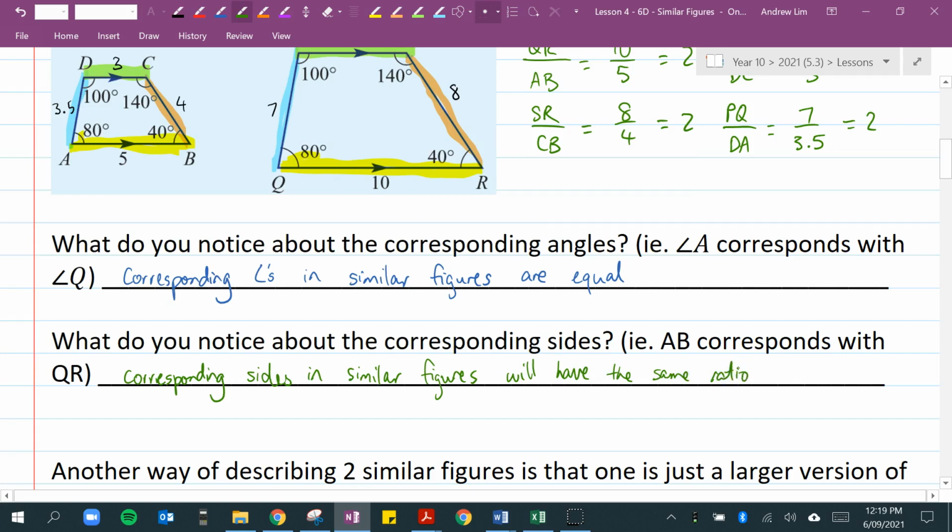Now, you might call it a ratio, I might call it a scale factor. Ratio or scale factor, I'll use those terms interchangeably, but the scale factor is pretty much the longer corresponding side over the shorter corresponding side.